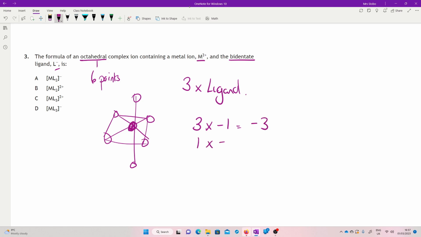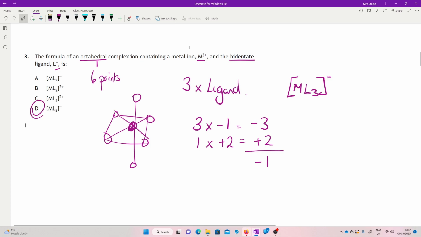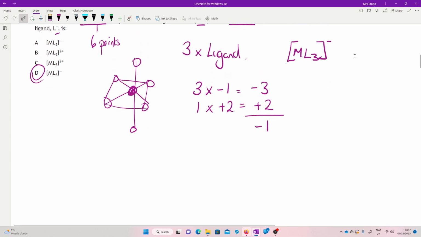Okay, I have 1 times +2, because that's my metal ion, that's +2. Add them up as if I was doing any kind of normal transition metal complex thing, I get -1. So that means my formula is ML3, negative overall. So D. Again, quite a lot of work on that one.